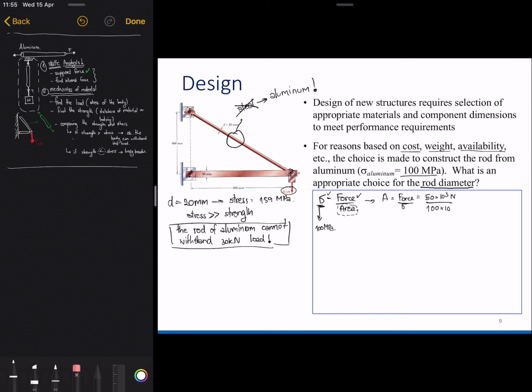megapascal, which means 10 to the power of 6 Pascal, and Pascal equals Newton per meter squared.